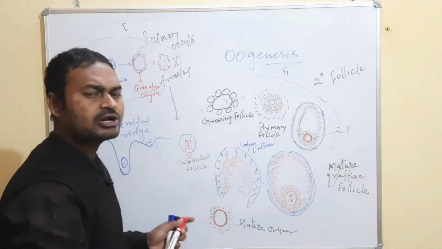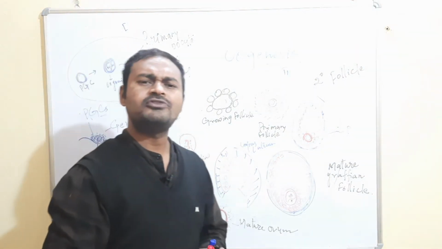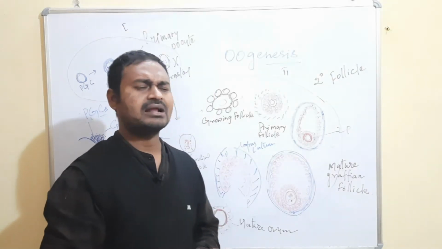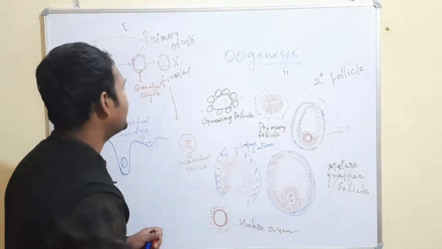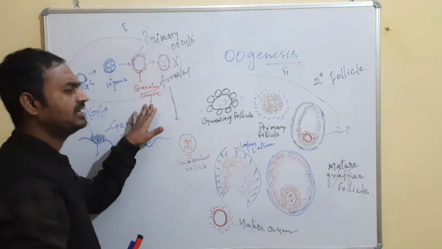And what are those cells? These are the flat epithelial cells, and that is called the granulosa layer.